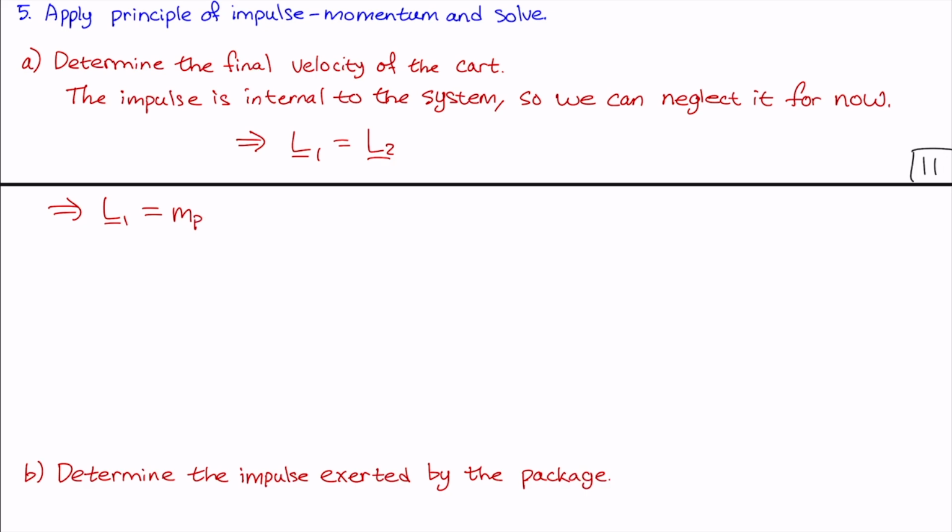It is equal to m_P r_P dot cosine theta I minus m_P r_P dot sine theta J, and these should be at time 1, so r_P1 dot. And then for L2, we have here (m_P plus m_C) r_C dot, not a vector, r_C dot in the I direction.